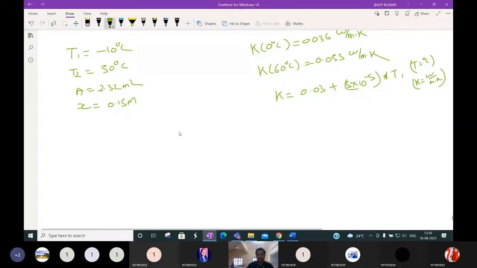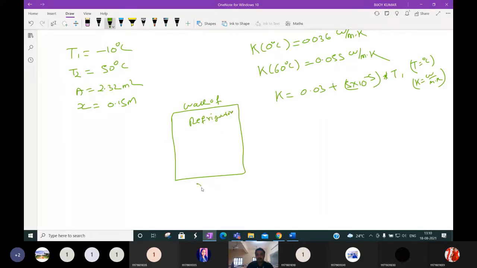Let me explain once again the question. This refrigerator wall is there. This is the wall of the refrigerator. Its thickness is given x is equal to 0.15 meter. T1, the inside temperature, is given minus 10 degree centigrade. Outside temperature T2 is given 50 degree centigrade.